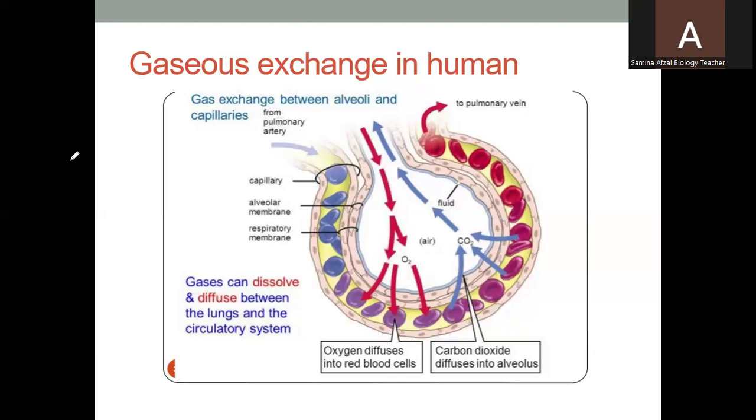The capillary is one cell thick and the alveolus is also one cell thick, and the inner lining of the alveolus is kept moist. Together they form the respiratory membrane. Now what will happen? The red color is showing the entrance of the oxygen.